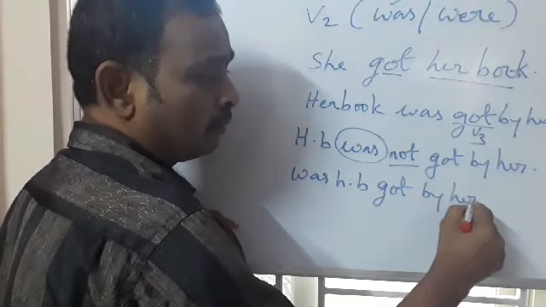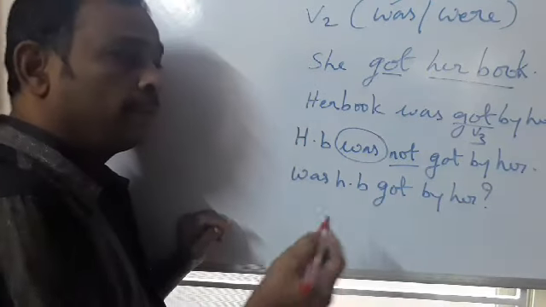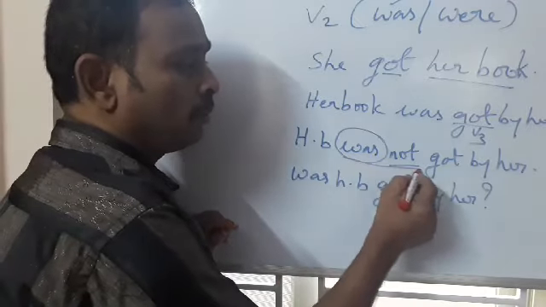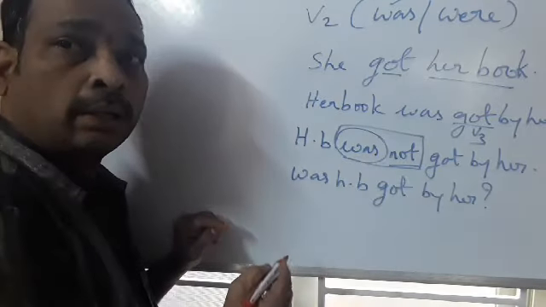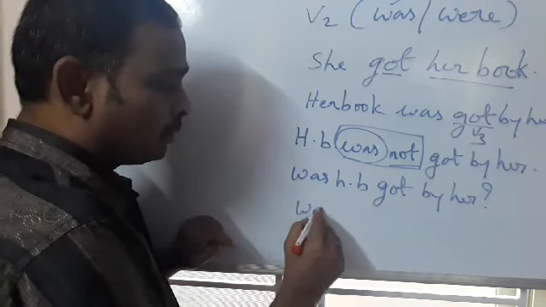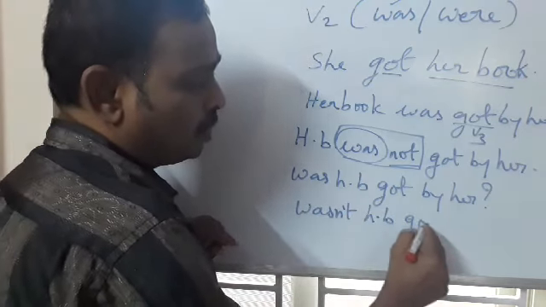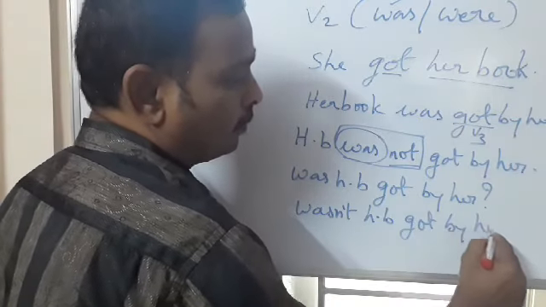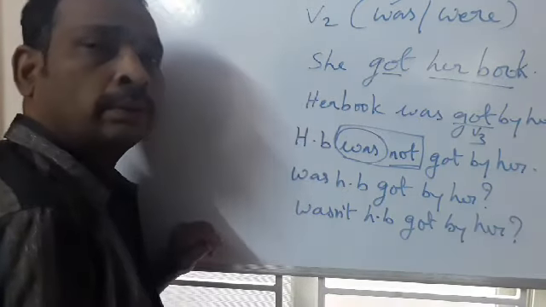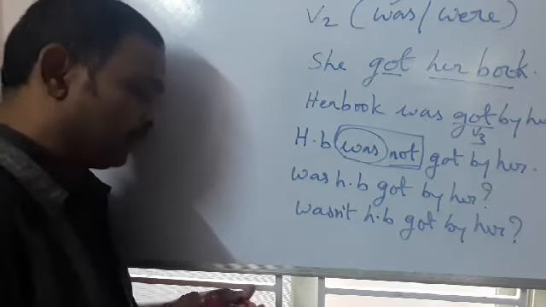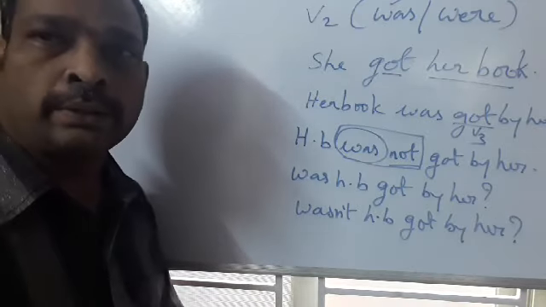Got by her? Question mark. If you want to write a negative, bring both of them in contracted form. So, wasn't her book got by her? So, like that. So, you can follow this verb 2 like this.